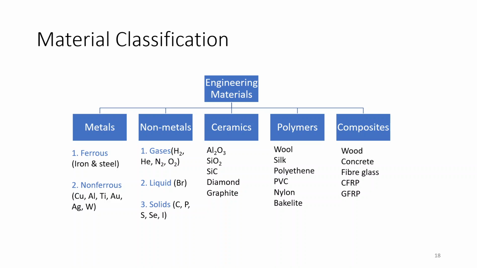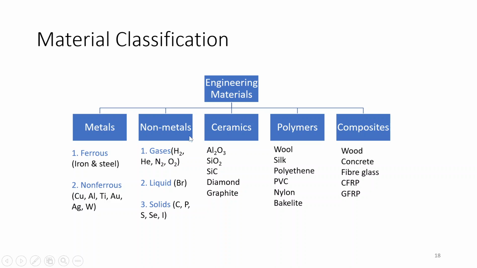So copper, aluminum, titanium, gold, sodium, all these will be non-ferrous metals. Then in case of non-metals, you have 3 physical classes: gases, liquid, solids. In case of gases, you have hydrogen, helium, nitrogen, chlorine, oxygen, etc. In case of liquid, only bromine is there. Then in case of solids, carbon, phosphorus, sulfur, selenium, iodine, etc.